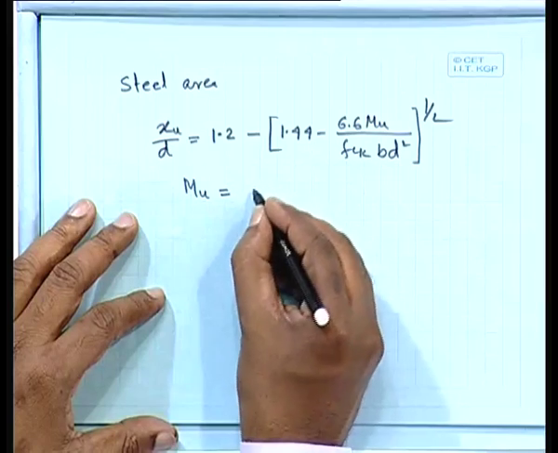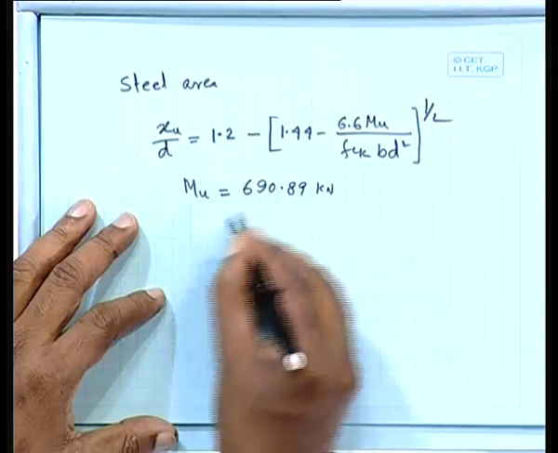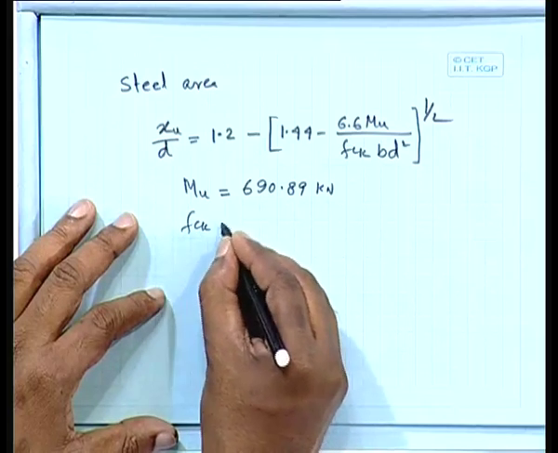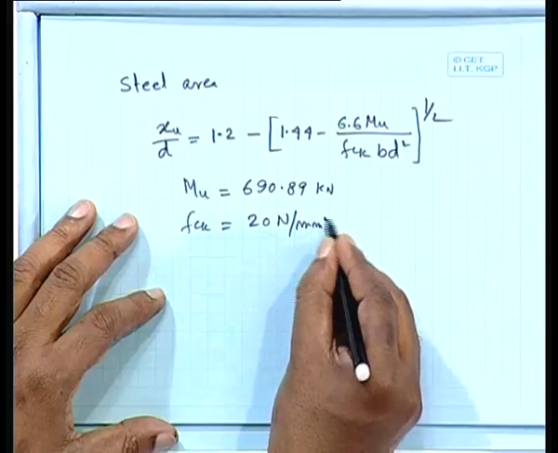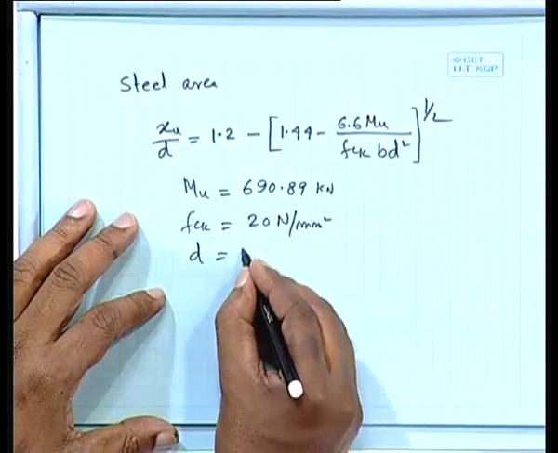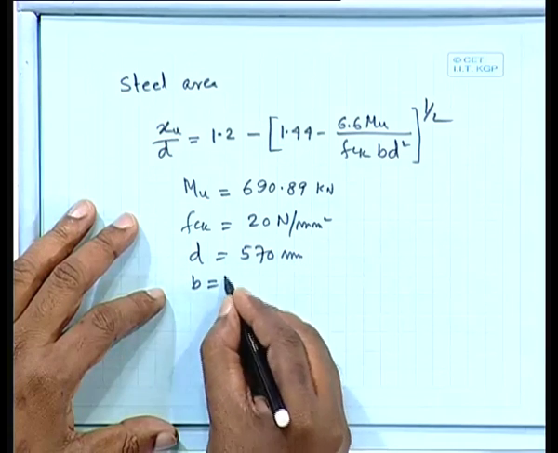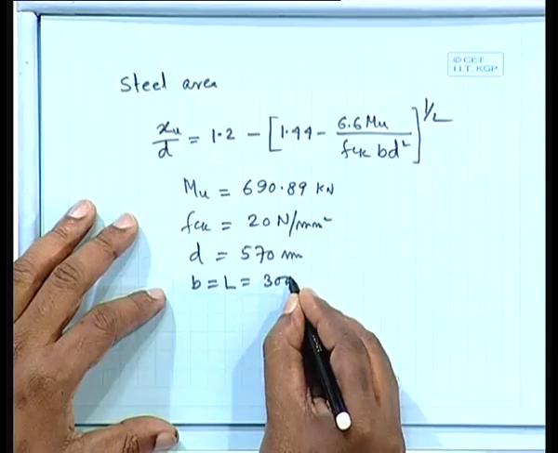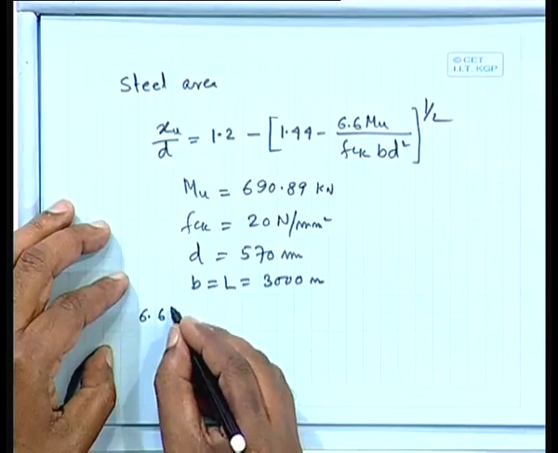Here mu equal to 690.89 kilonewton meter, fck 20, d 570, B equal to L equal to 3000 millimeter.